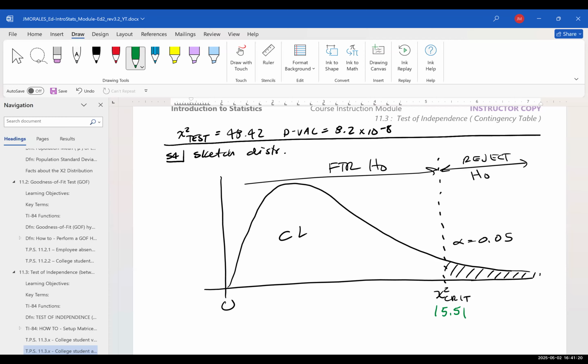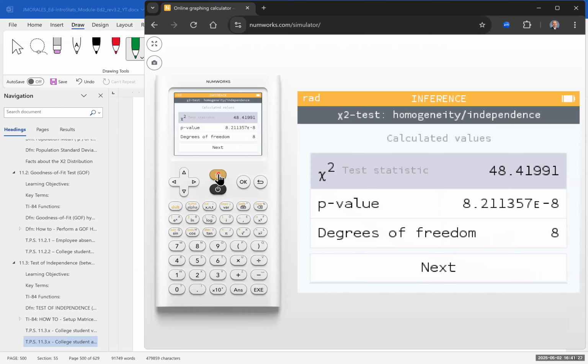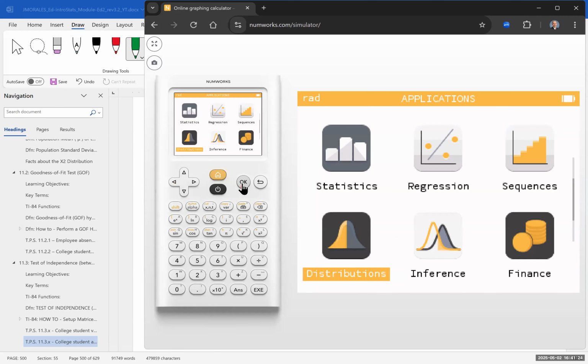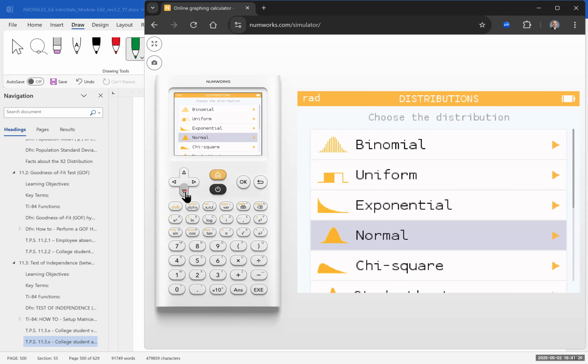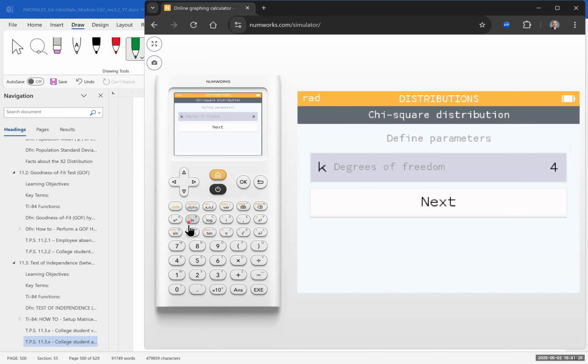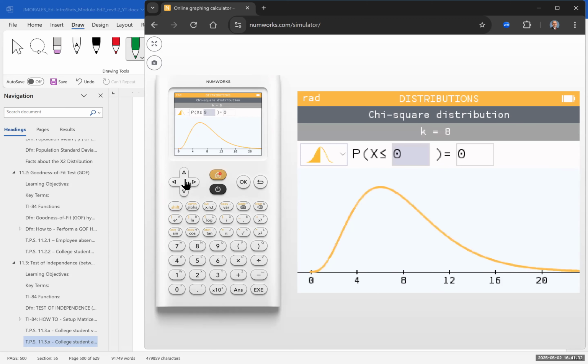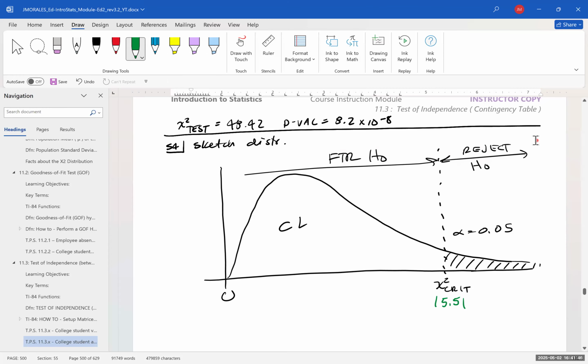Okay, NumWorks. Let's just do that for completeness. So we want to go to the distributions app, chi-squared, 8 degrees of freedom, area to the right, 0.05, 15.51. Okay, good.